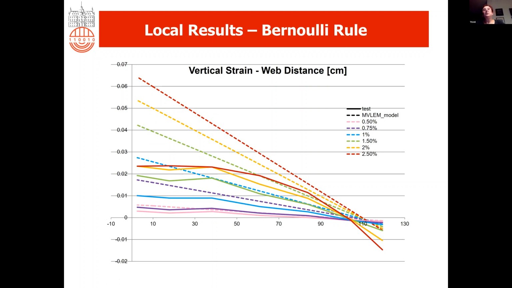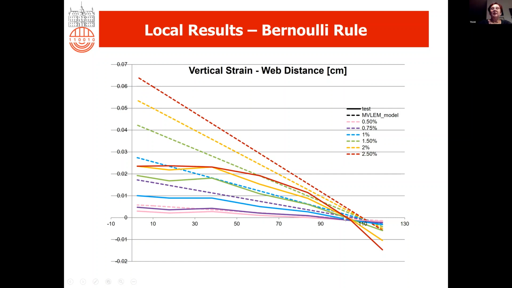What I have to note here is that MVLEM models in general are very good in predicting the global response quantities, but they are not very good when the local quantities are analyzed. And these are the vertical strains. The solid lines represent the values obtained during the experiment, and the dashed line the values obtained by the analysis.